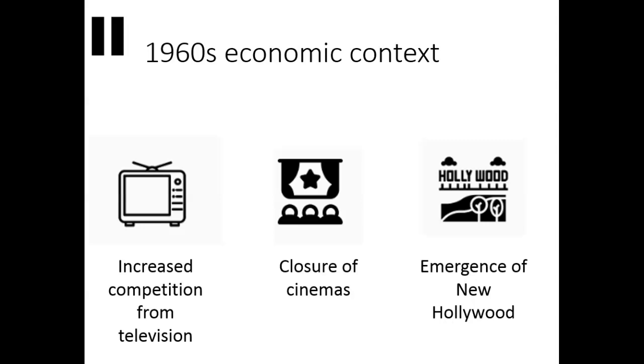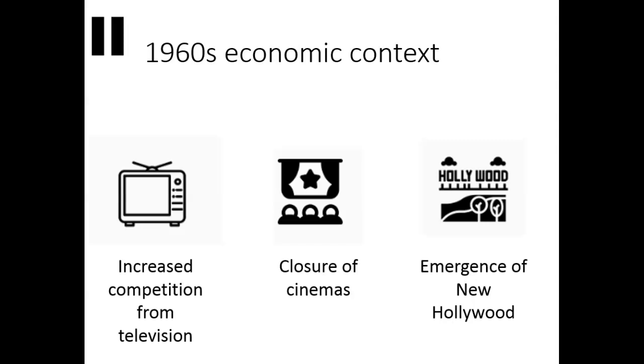And we also see changes to film production. We have what we call the emergence of New Hollywood, a time in which new producers and directors are becoming well known for using different techniques, dealing with different subject matter, and creating films that are completely different to what we had seen prior to this in cinemas.